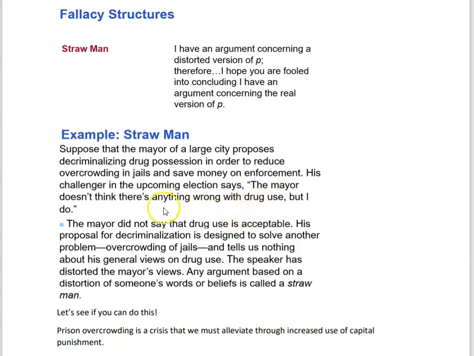The mayor did not say that drug use is acceptable. His proposal for decriminalization is designed to solve another problem, overcrowding of jails, and tells us nothing about his general views on drug use. The speaker distorted the mayor's views. Any argument based on the distortion of someone's views or beliefs is called straw man. And that's used a whole lot. People want to pull a little bit of something that somebody says, really change the wording, and make you think that's what that person really means.